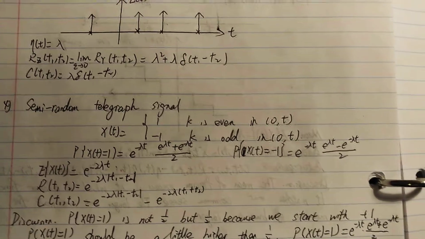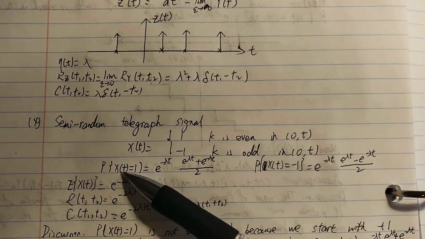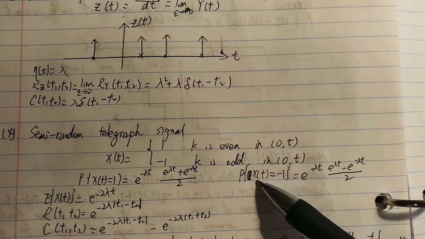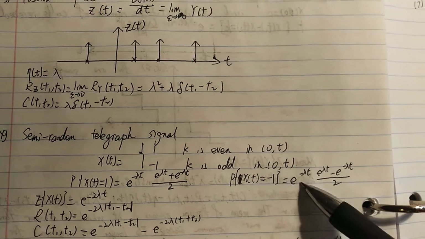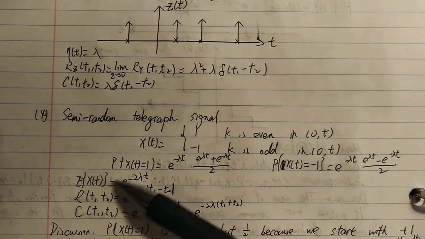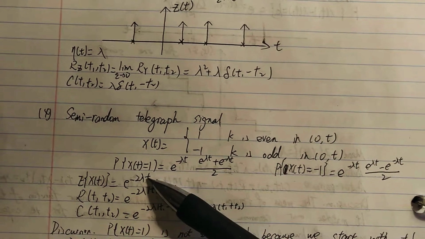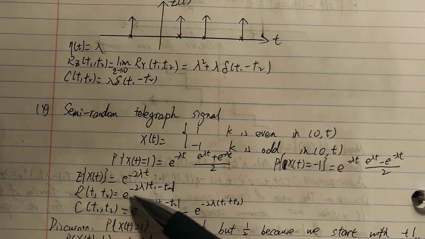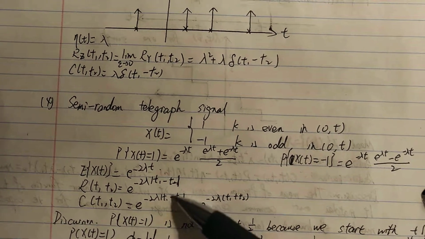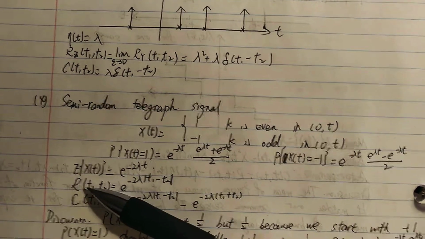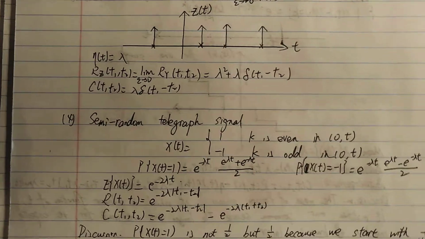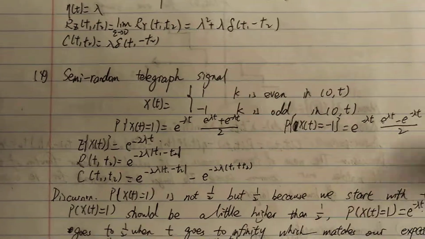And the probability of Xt equals 1 equals this, and the probability of Xt equals minus 1 equals this. And the mean of the semi-random telegraph signal is here. The autocorrelation is here, and the autocovariance is E[Xt1 Xt2] minus E[Xt1] times E[Xt2], which is this equation.